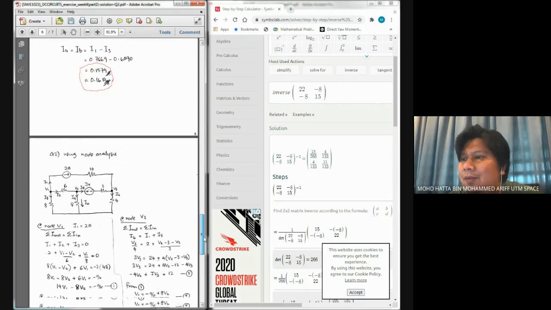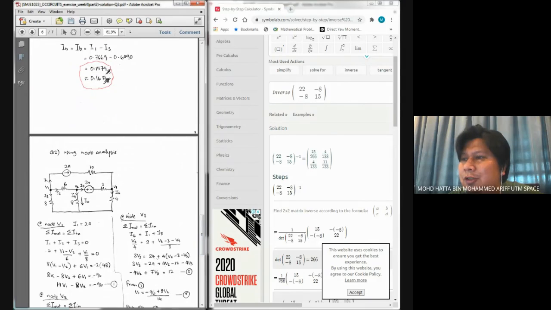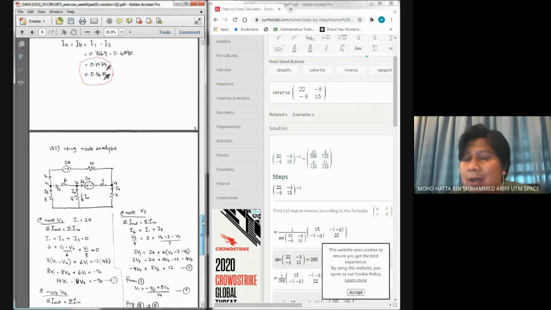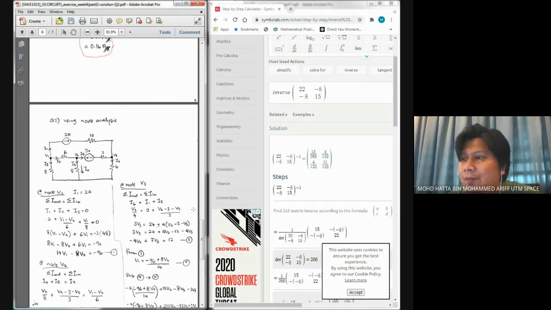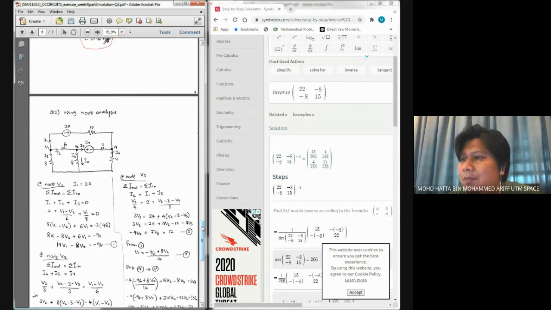I don't have much time to explain node analysis, but I will leave you with the solution, and maybe you should revise it and think about why I did it like this, why I did it like that. Don't just follow line by line of my solution.